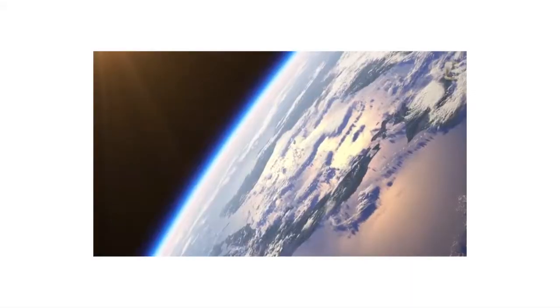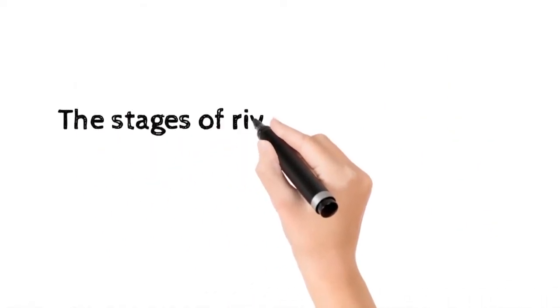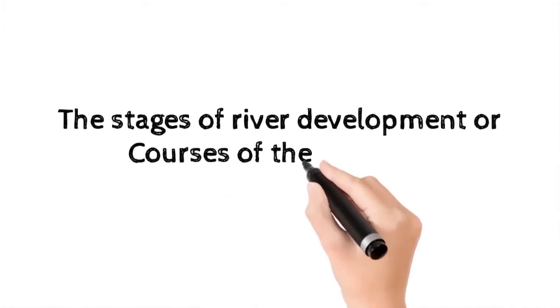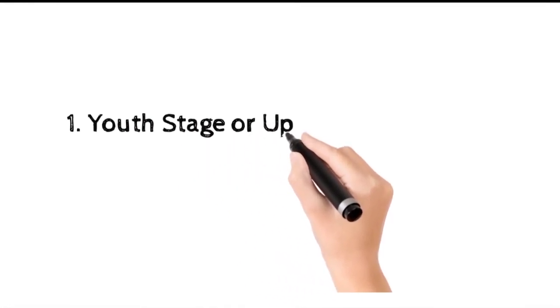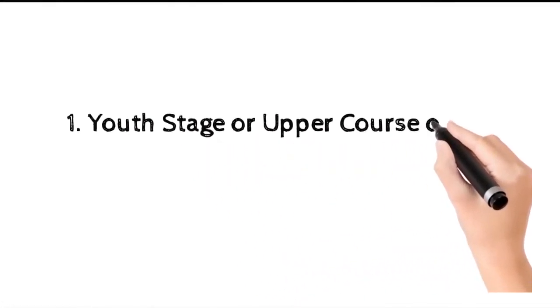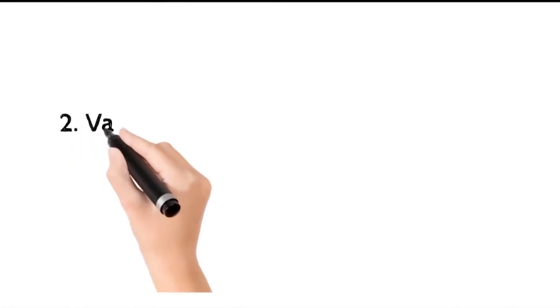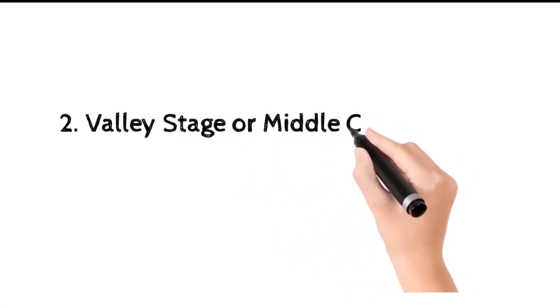River energy. The stages of river development are of three forms, or we have three stages of river development. The first stage is called the upper course or the youth stage, or the source of the river. The middle stage of the river is the mature stage, another name for which is the valley stage of the river.